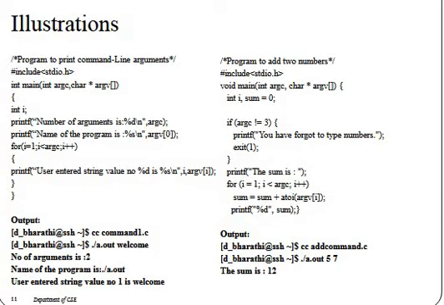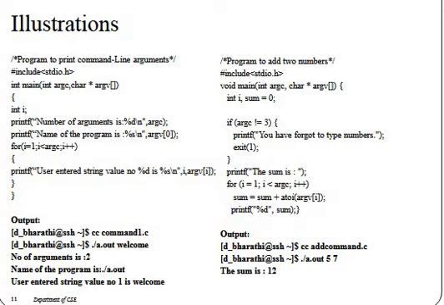Look at the output. Number of arguments is 2, and the name of the program is a.out, and the user entered string value number 1 is welcome. So a.out is the name of the program, argv of 0, and argv of 1 is welcome.